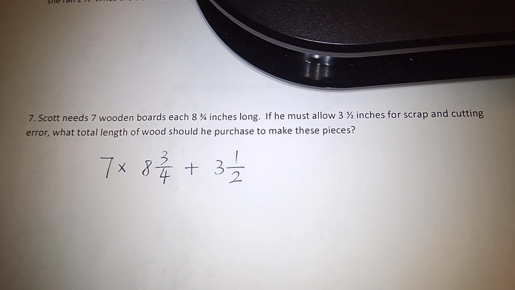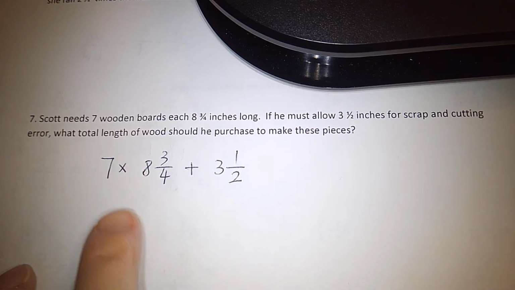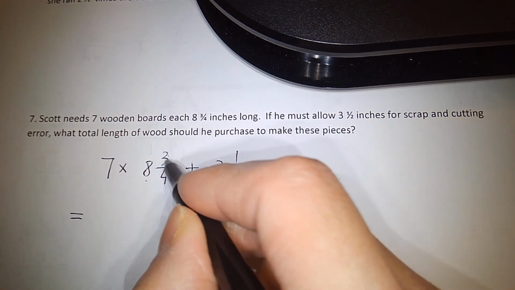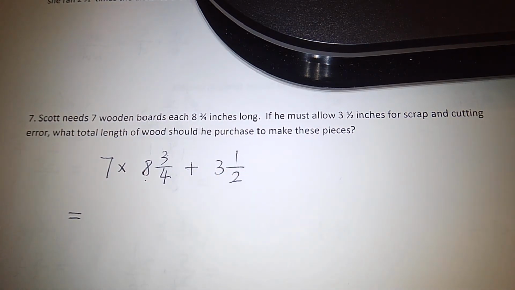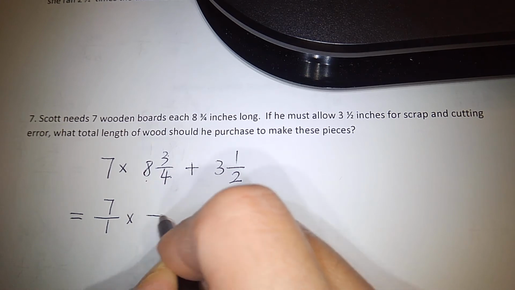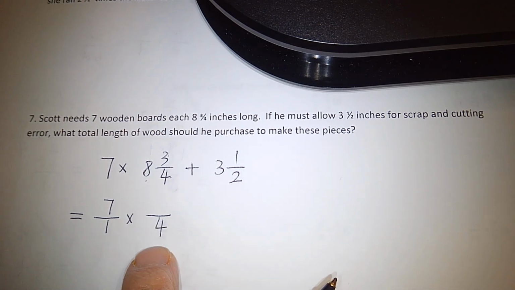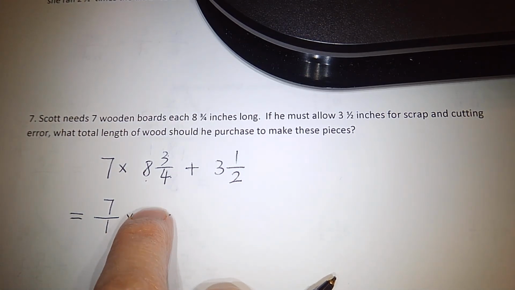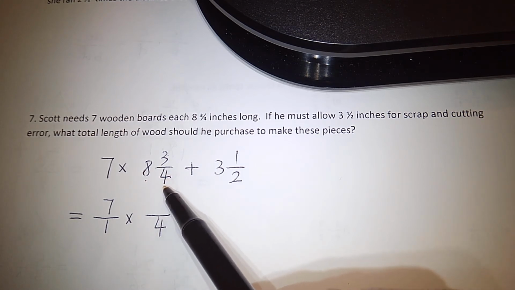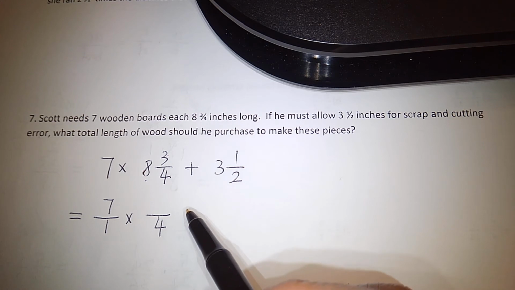All right, now we build the equation. Okay, we build the expression. We're going to simplify it. 8 3/4 is a mixed number, not good. So this is 7 over 1 times, what will be on the numerator? 35 or 32?